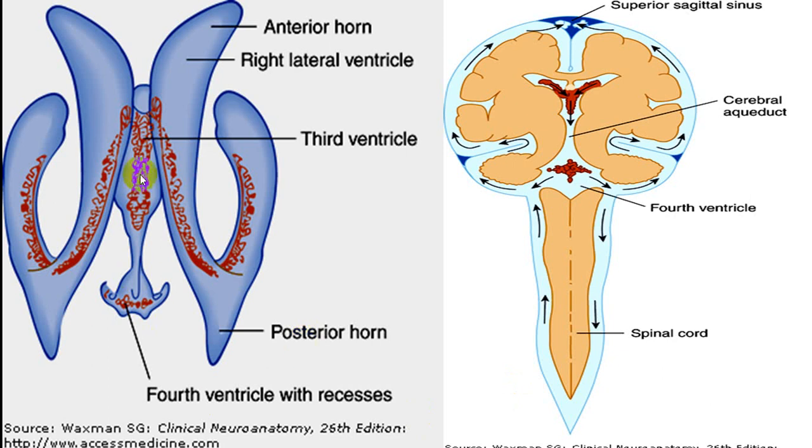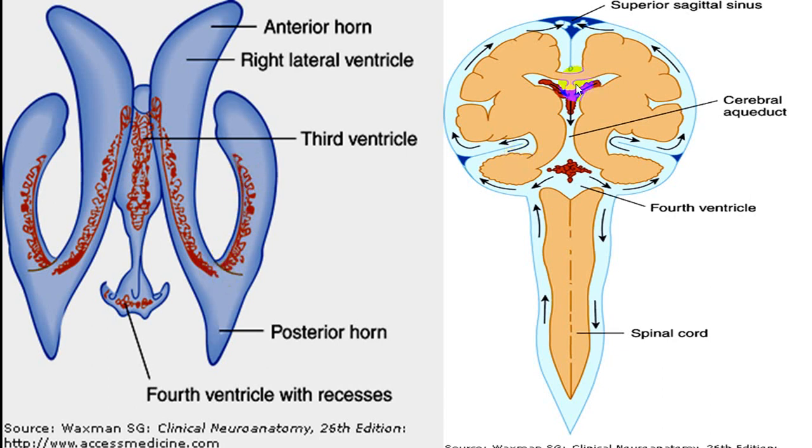So you can see that choroid plexus is present in the horns, that is mainly the body, temporal horn, in the third ventricle and a little bit in the fourth ventricle. The main amount of choroid plexus is present mainly in the body part and what we call the temporal horn.